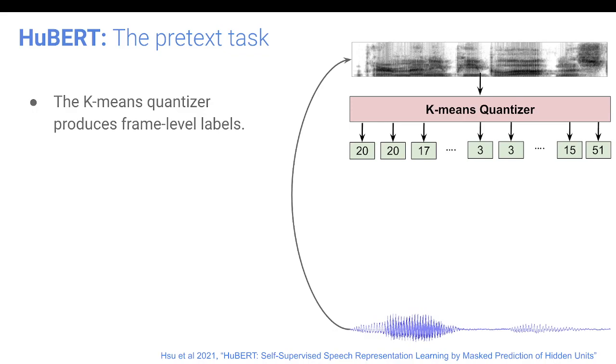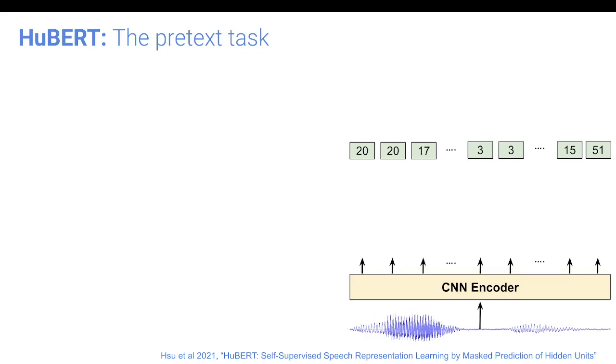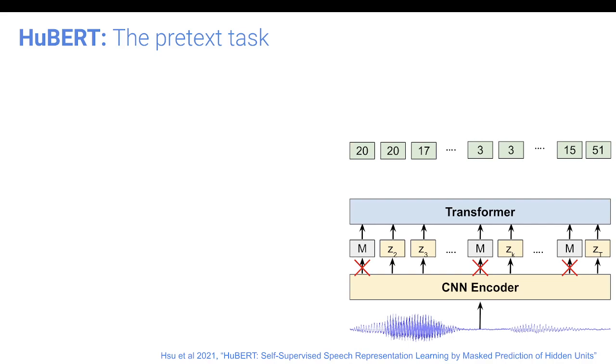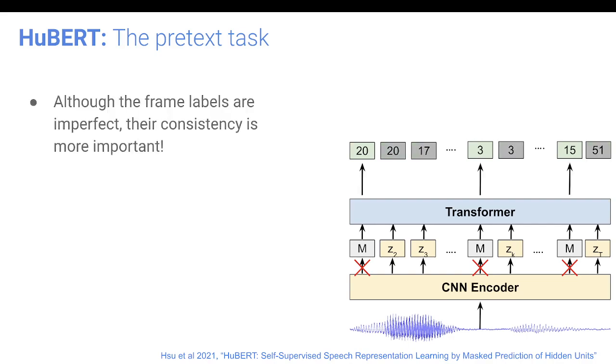But now you have the frame-level labels of your input, so you do not need the quantizer anymore, you just have these labels. Then you run your input through the CNN encoder, you again do the span masking, and then you run it through a transformer network to get contextual representations. And then you need to predict the target labels, or k-means labels, for the masked positions.